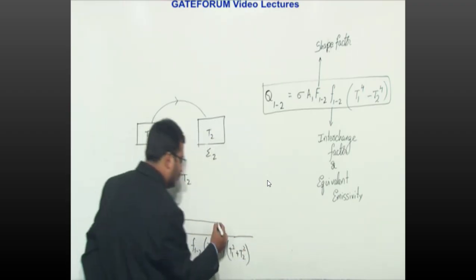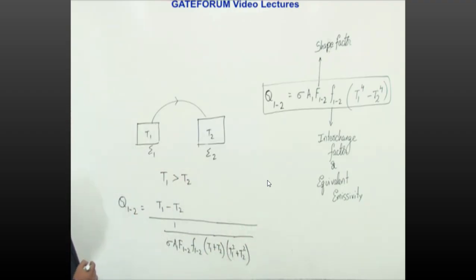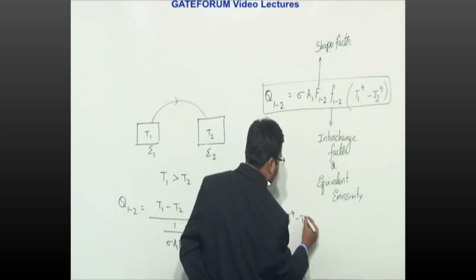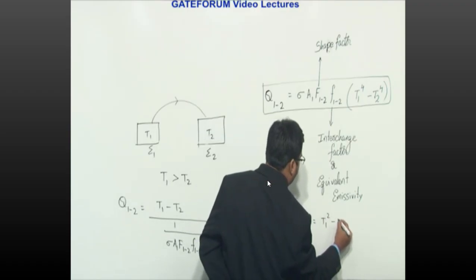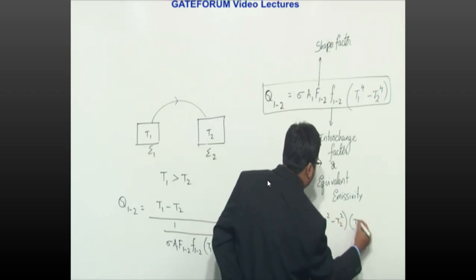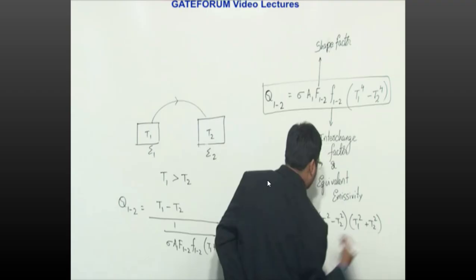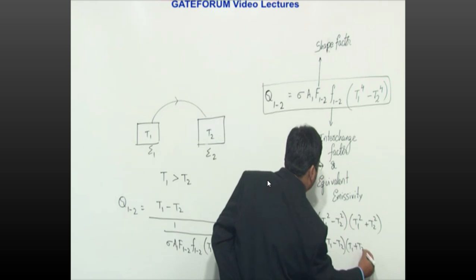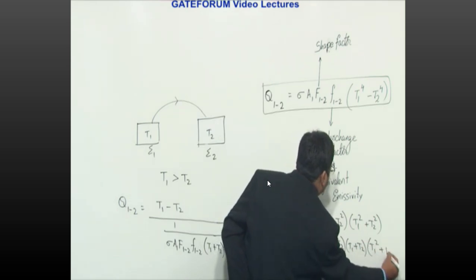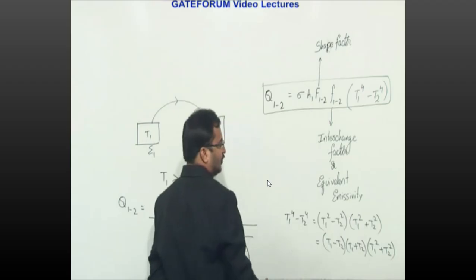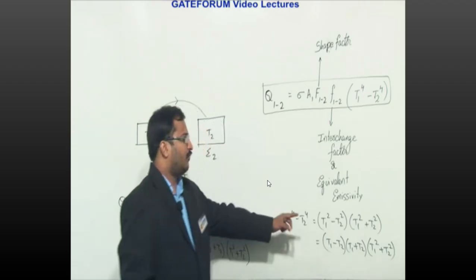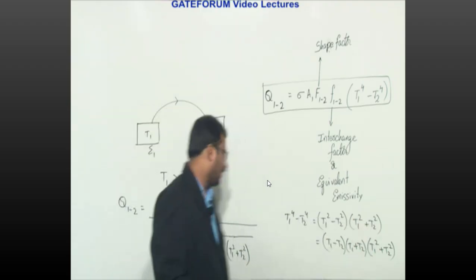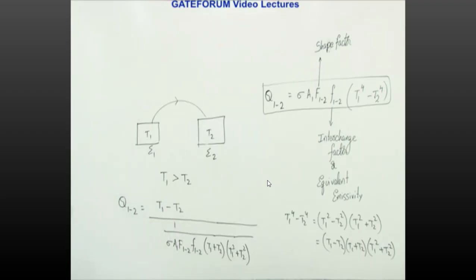See here, this T1 power 4 minus T2 power 4, I have just split it into T1 square minus T2 square into T1 square plus T2 square. So this will be T1 minus T2 into T1 plus T2, multiplied by T1 square plus T2 square. If I take this total thing to the denominator, it comes like this.